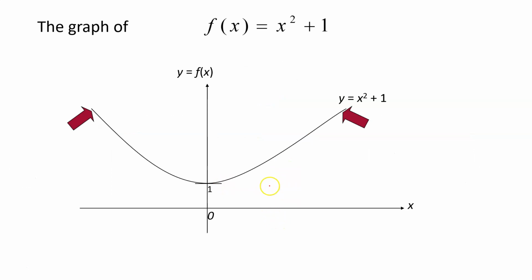And then this is how the limits look like when you use a graph. Okay, you have a function x squared plus 1. So of course this is a quadratic function. You're going to have a U shape like this.